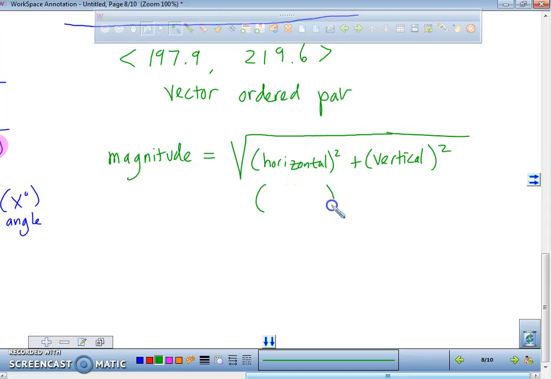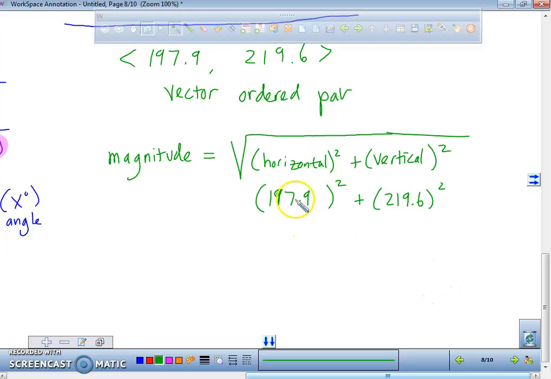So what number am I going to plug in right here? I'm going to plug in 197.9. And what number am I going to plug in right here? 219.6.